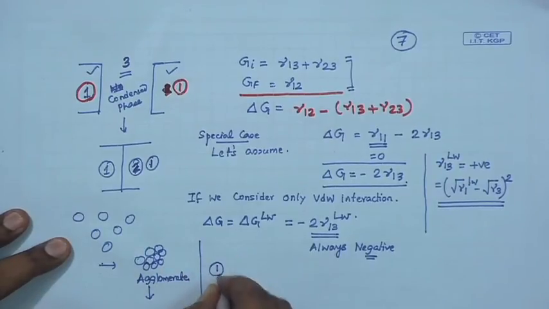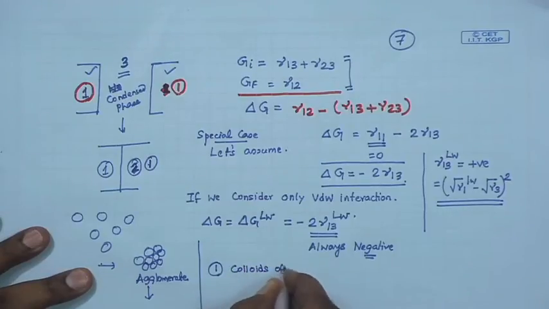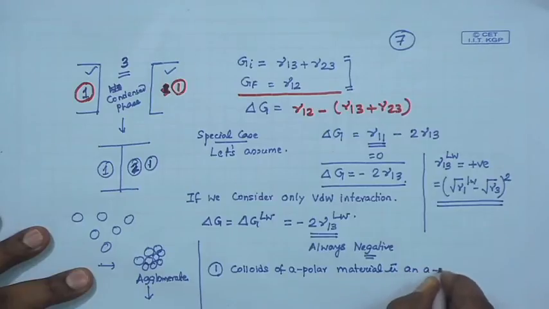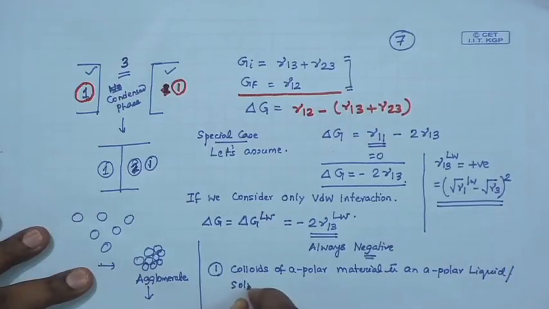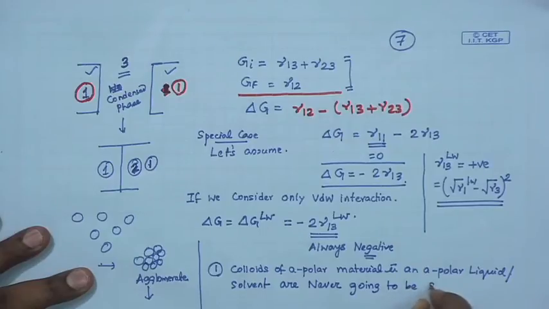So, from a practical standpoint, colloids of apolar material in an apolar liquid or a solvent are never going to be stable.